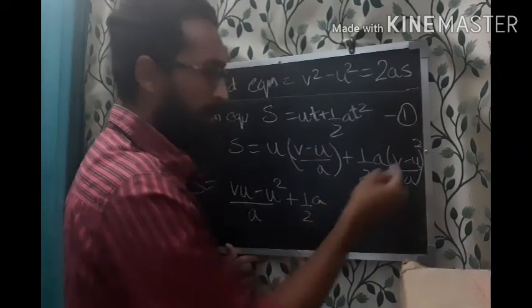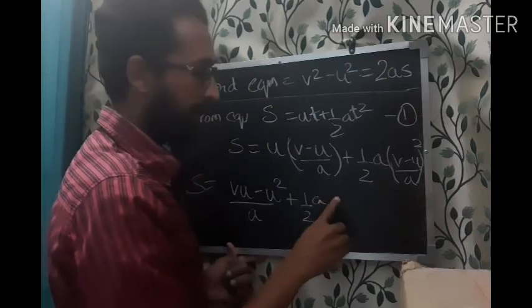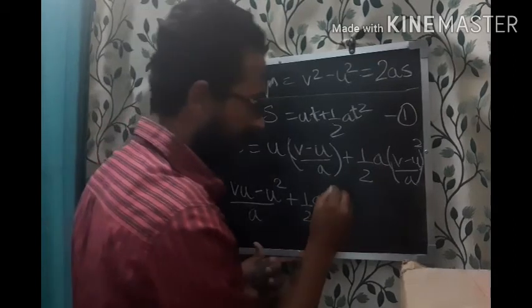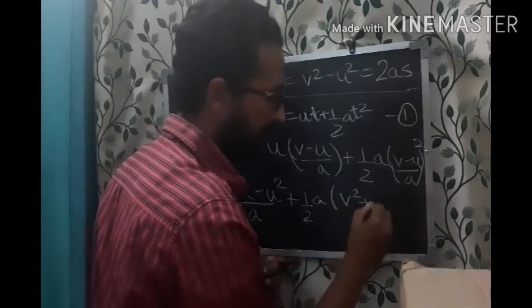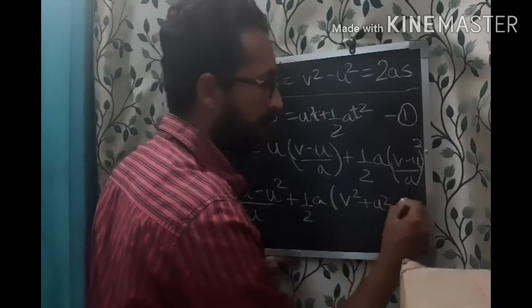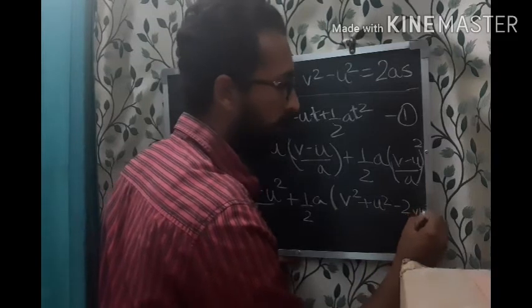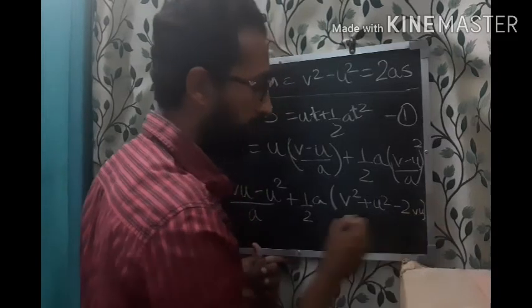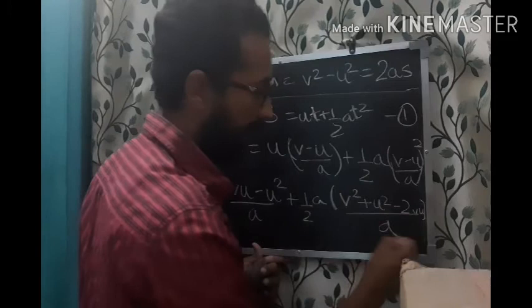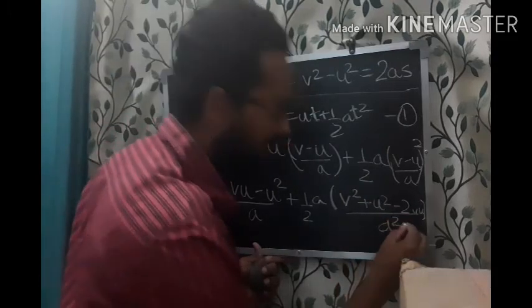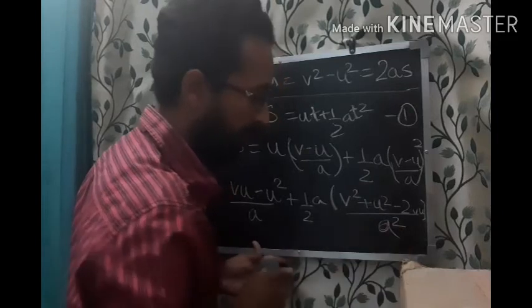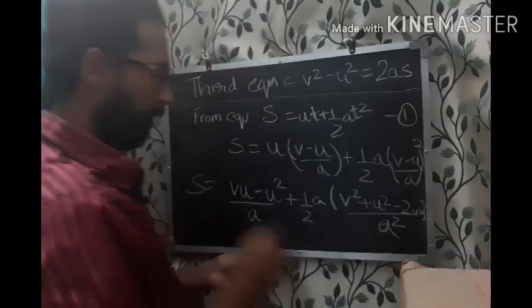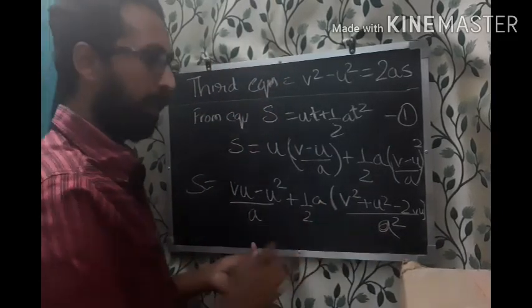The formula will be like (a minus b) whole square. In a similar way, v square plus u square minus 2vu upon a square. A square will be for a also. So the equation changes completely.